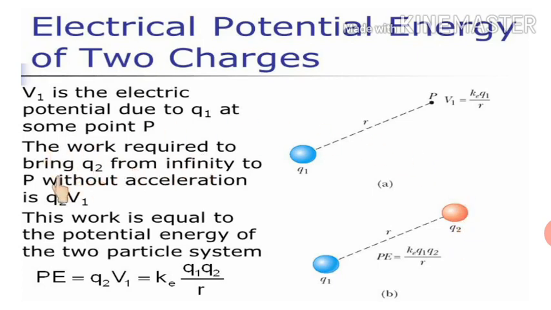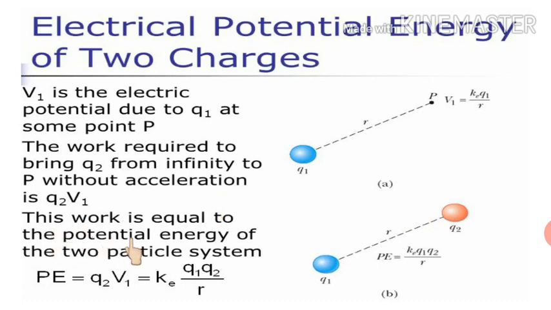The work required to bring Q2 from infinity to point P without acceleration will be Q2 into V1, which we have already seen. It will be whatever is the potential at this particular point into the product of that charge which is brought from infinity to this point.